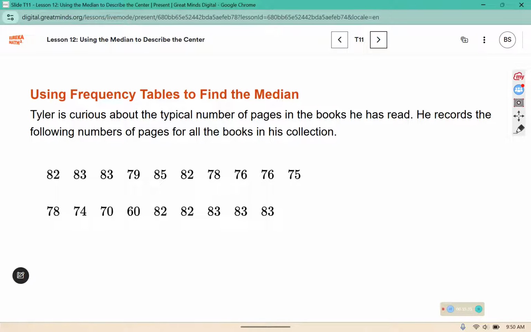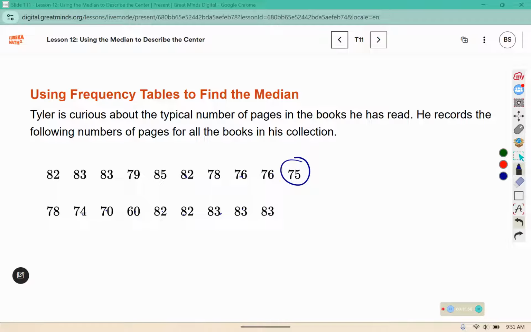Tyler is curious about the typical number of pages in the books he has read. He records the following number of pages for all of the books in his collection. Now, he might be tempted to say that 75 is the median, because that would put 1, 2, 3, 4, 5, 6, 7, 8, 9 below it, and 1, 2, 3, 4, 5, 6, 7, 8, 9 above it.